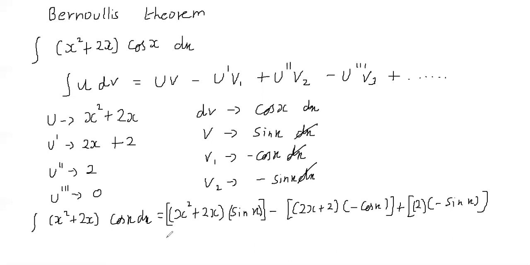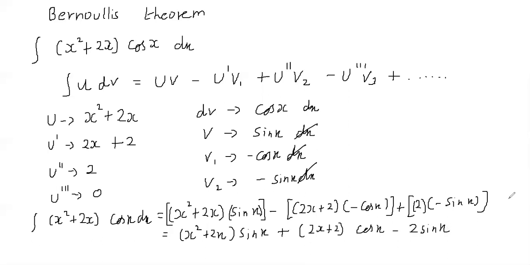Okay, so this can be written as x square plus 2x into sin x, and this complete term is minus into plus will be minus, and minus into minus will be plus, so you can write plus 2x plus 2 cos x, and minus into plus will be minus, so minus 2 sin x.